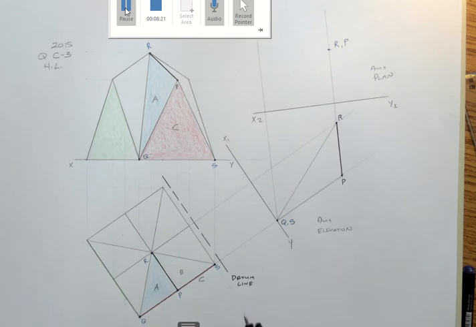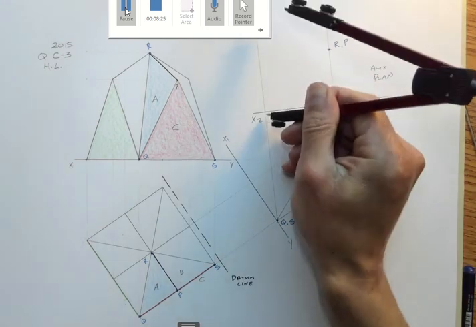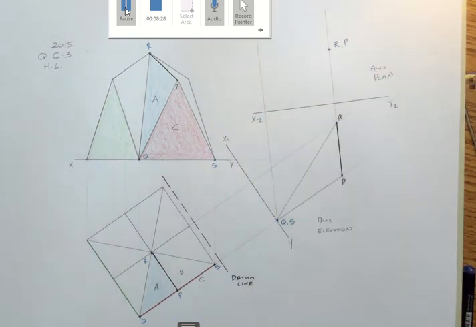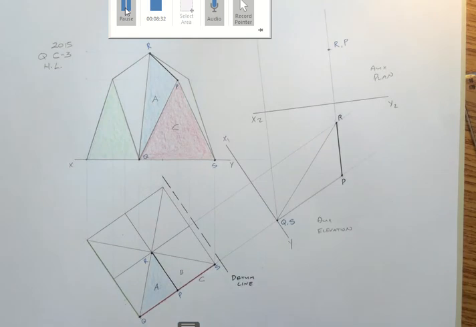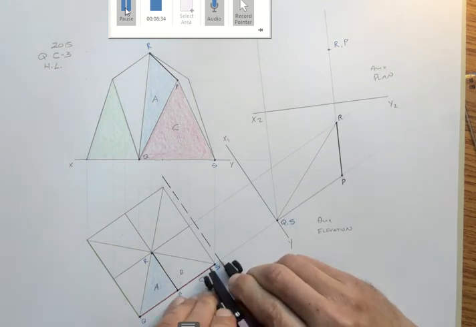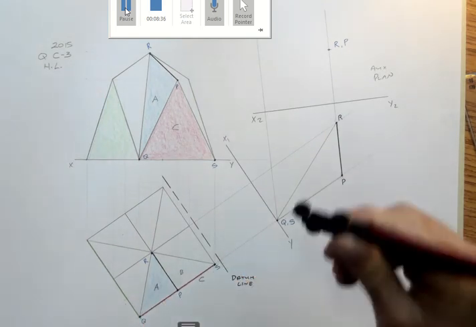Take my distance from the datum line to Q, which is here, strike it off. That gives me point Q. Take the distance to S, which gives me point S.